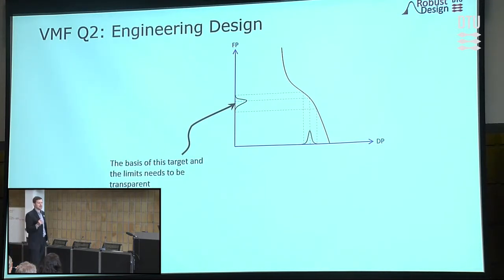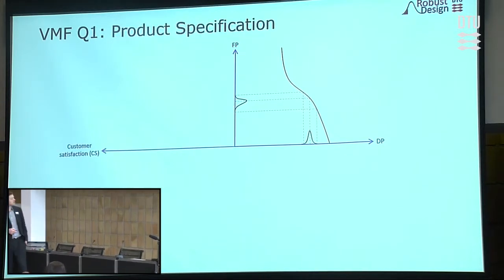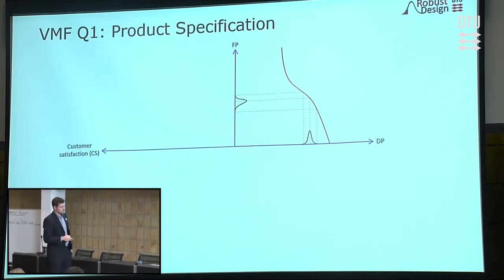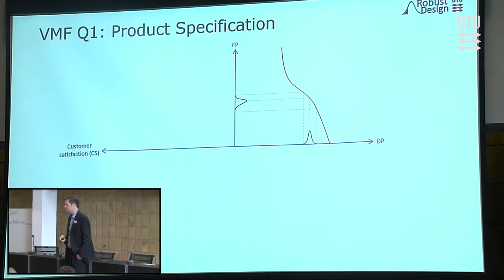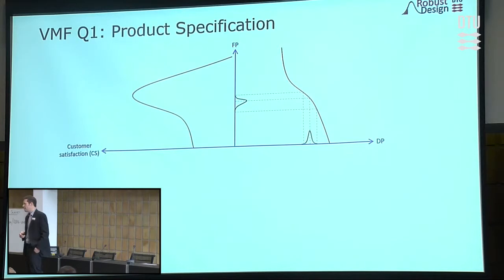Of course it needs to have some research behind it, which is exactly where Emily's presentation in the perceived quality comes in. We need to fit these target values to some real data, and we need to fit the limits to some real data. So we have a quadrant to the other side of the engineering design, which is the perceived quality quadrant. And there we'll have some kind of quality loss curve.